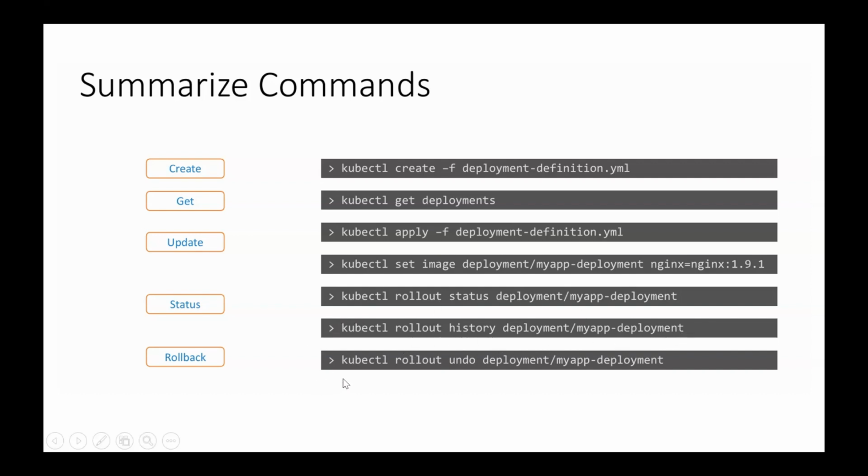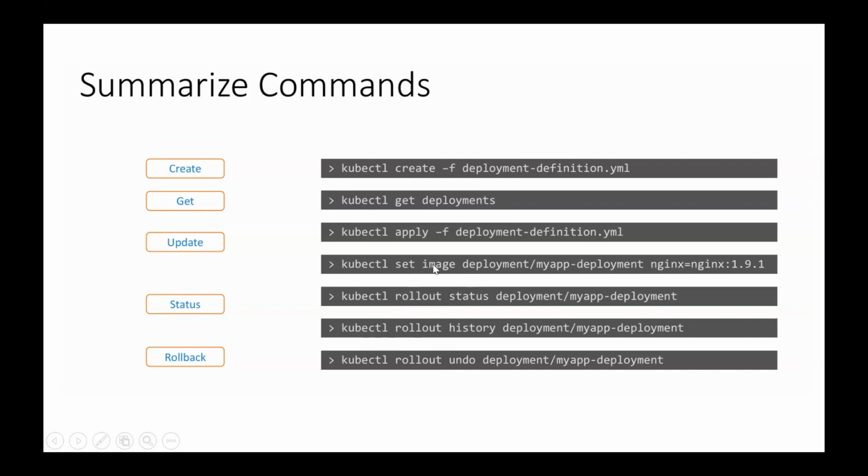And with the rollback command, kubectl rollout undo and the deployment name, you can roll back the application to the previous version. If you have to roll back the deployment to a particular revision, we have a command for that as well.